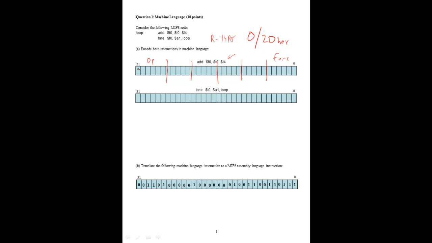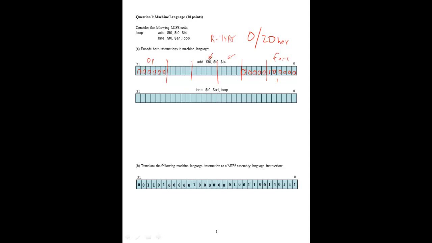So with a 0 as the opcode, the first 6 bits will all be zeros, and with 20 as the function code, there's my 2 followed by a 0 in hexadecimal. The shift amount, since this instruction is not a shifting instruction, is going to be all zeros, and then we just have to figure out the register specifiers.